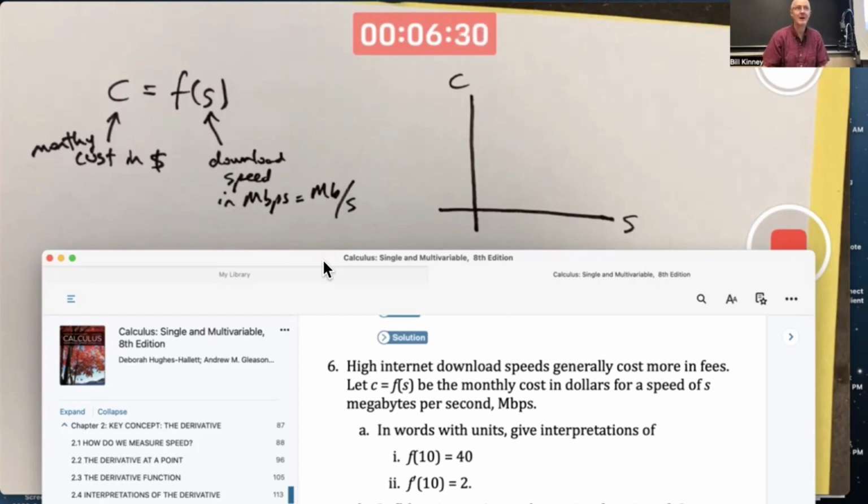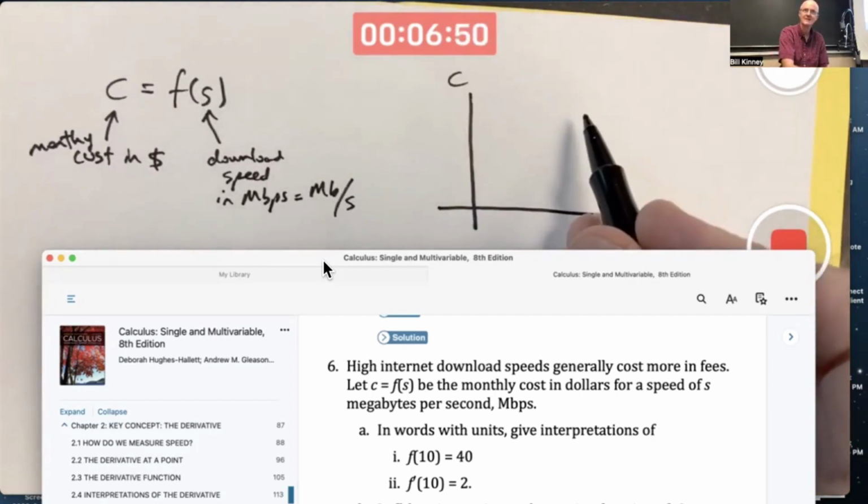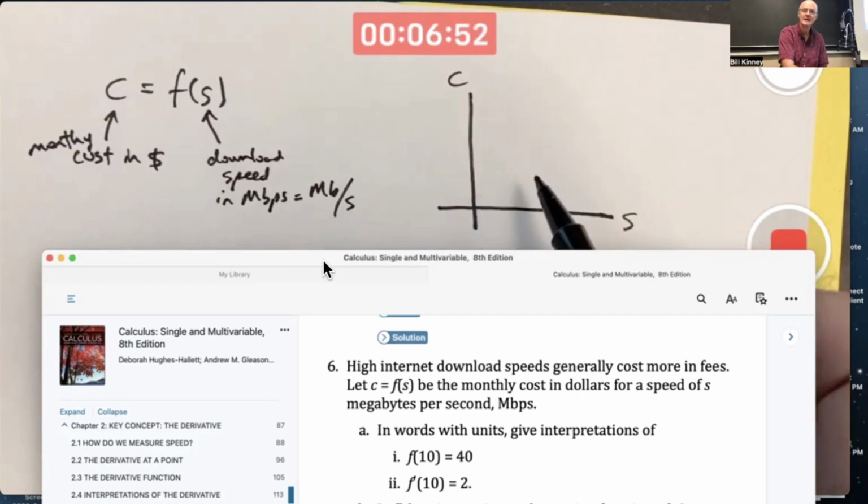I haven't kept up enough with internet costs. Actually, they usually do packages, right? Where you get a certain fixed download speed and a certain fixed cost. And if you want the next download speed, one higher level, so to speak, you have to pay one other cost. So this is probably in reality more of a step function that has jump discontinuities. But for the sake of simplicity, assume it's not.